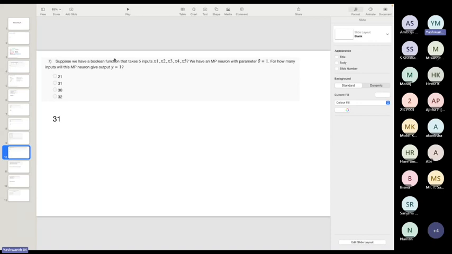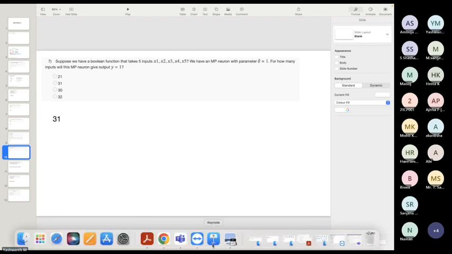So basically, what the perceptron is doing is adding x1 plus x2 plus x3 plus x4 plus x5. Your inputs are Boolean, that's why they take zeros or ones. So how many possible inputs give an output y? Let's try to solve this.